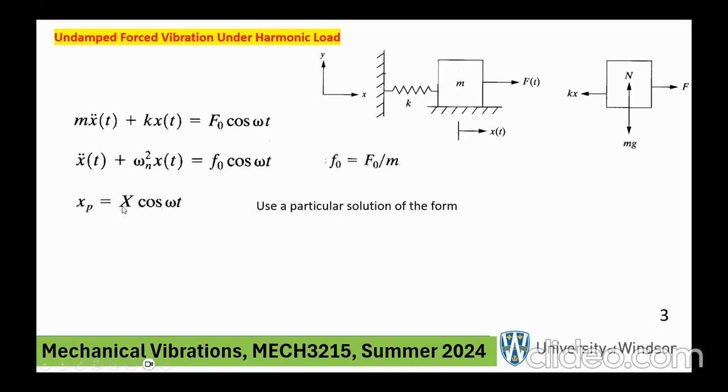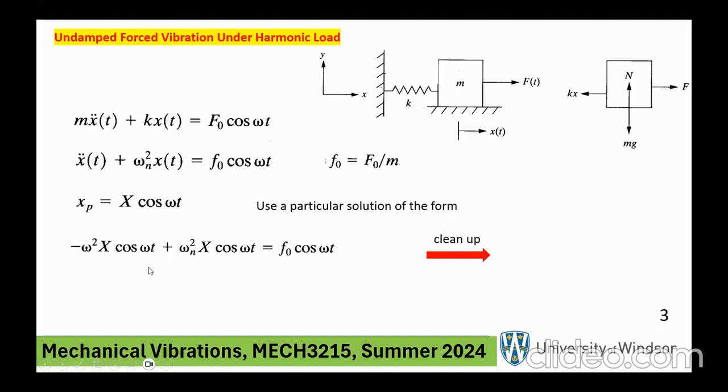Big X, which is the amplitude of this solution that I'm claiming, is unknown. So we're going to take this, differentiate it twice, and stick it in there, and hopefully we can find what big X is.